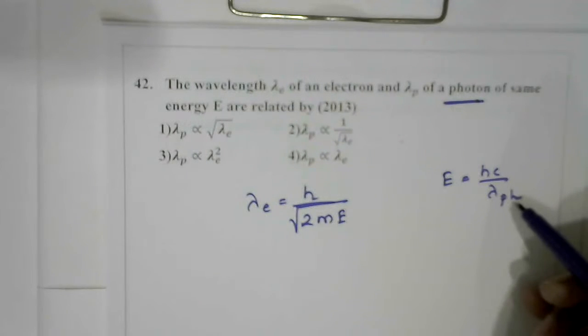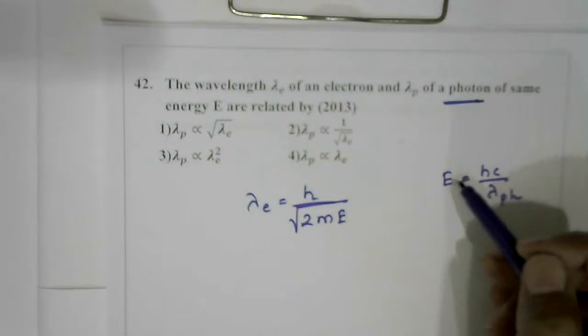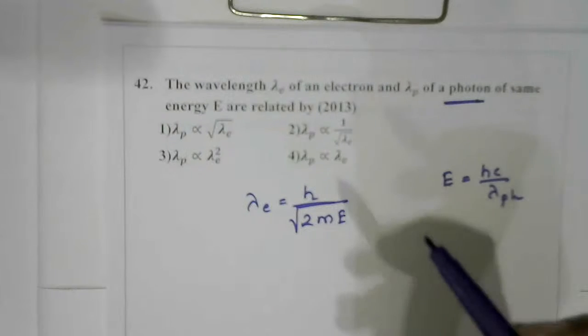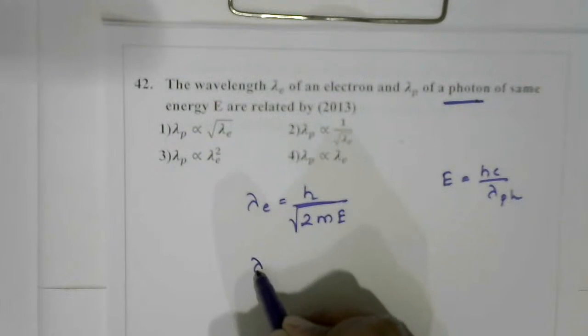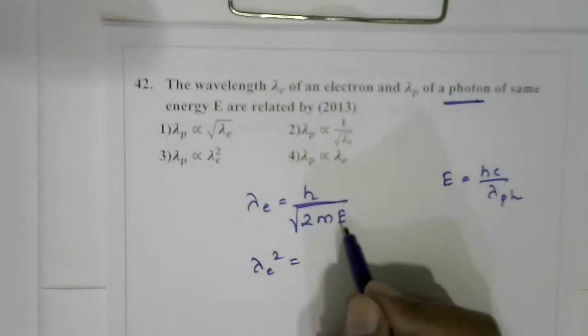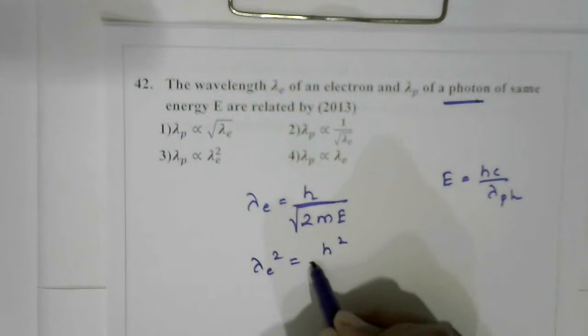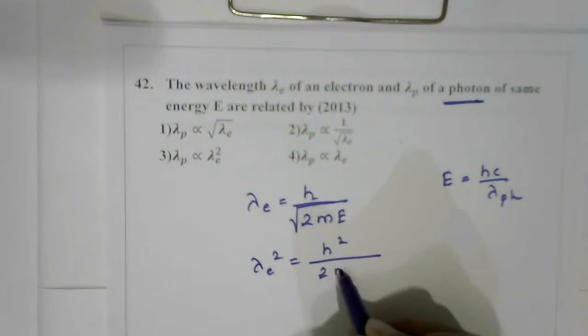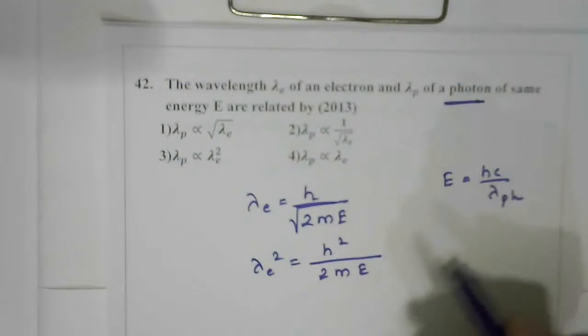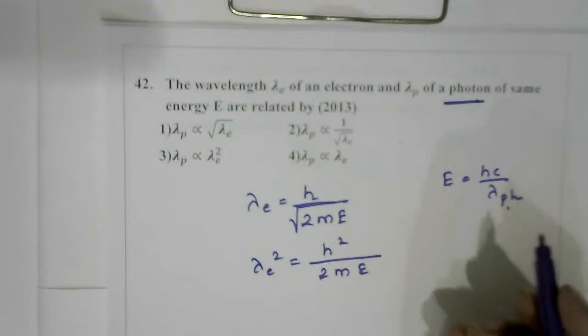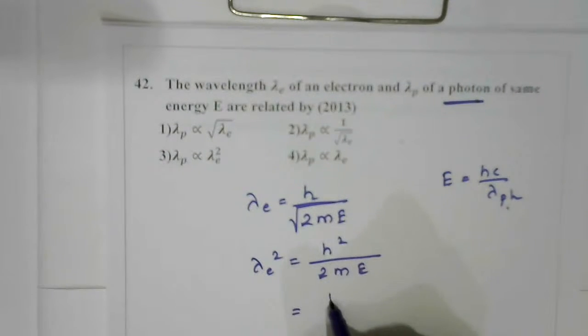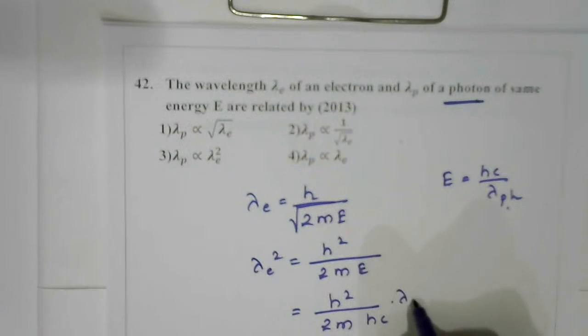So therefore I have to substitute for E here, or I can square and substitute. So lambda E square becomes equal to what? h square divided by 2mE. Now you substitute for E here because I have to relate this. This becomes h square divided by 2m, where E is nothing but hc by lambda of photon.